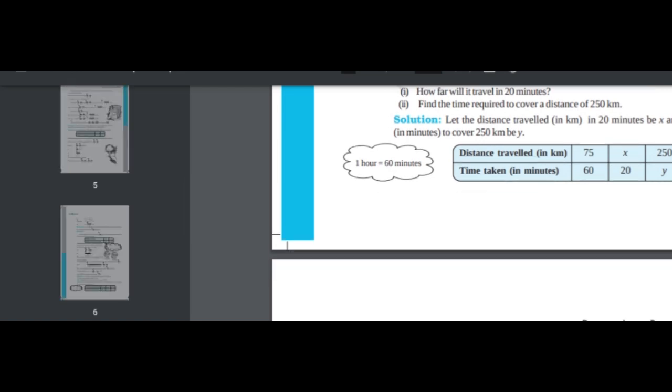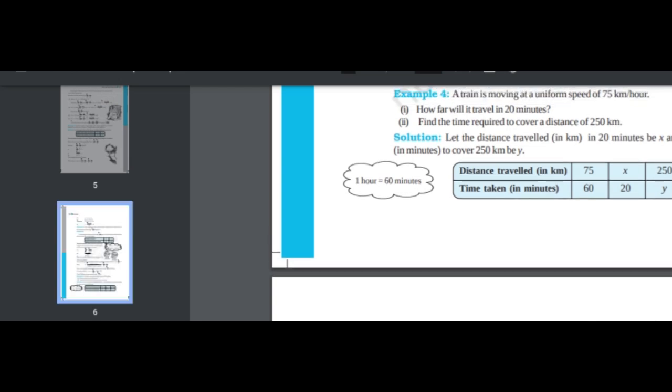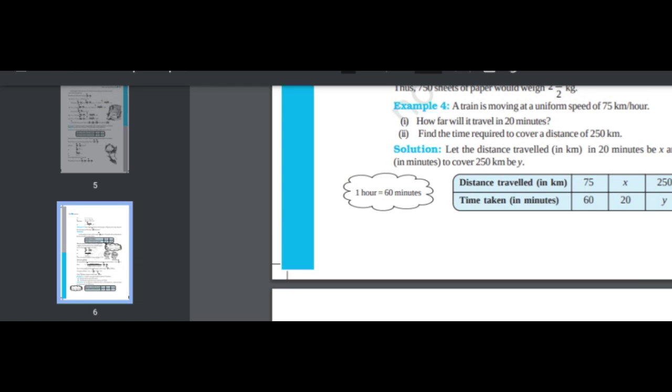So they told us in 75 km per hour it travels in 60 minutes. Got it? Okay, for the x in 20 minutes we don't have the value, and for the 250 distance we also don't have the value.